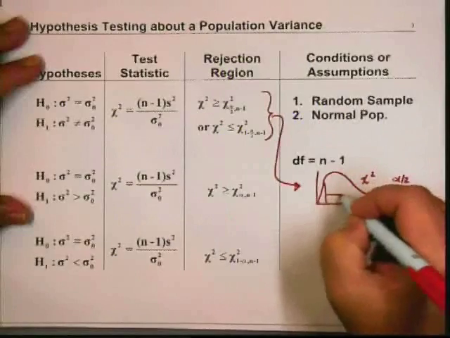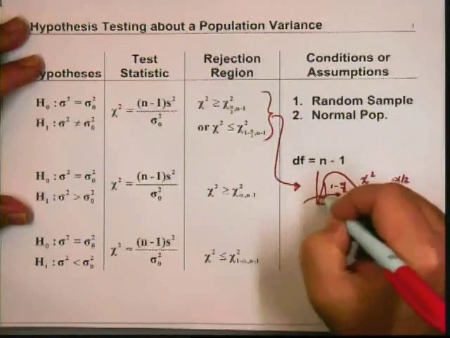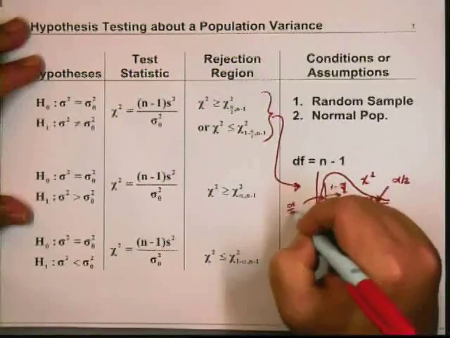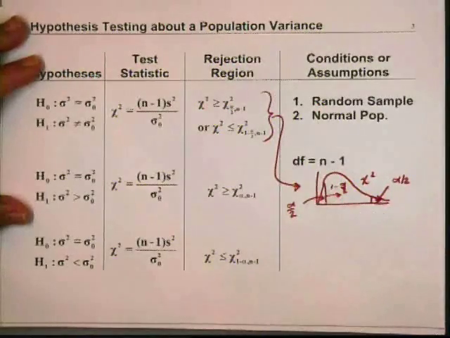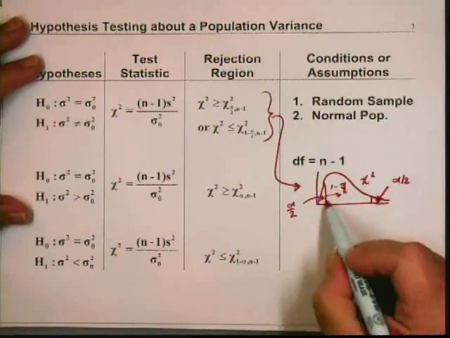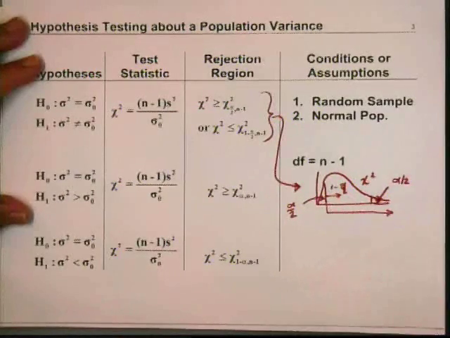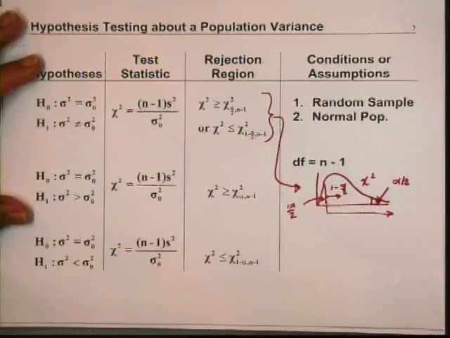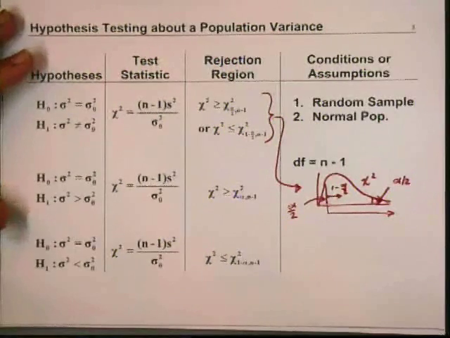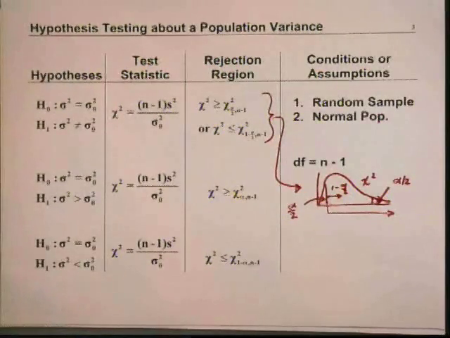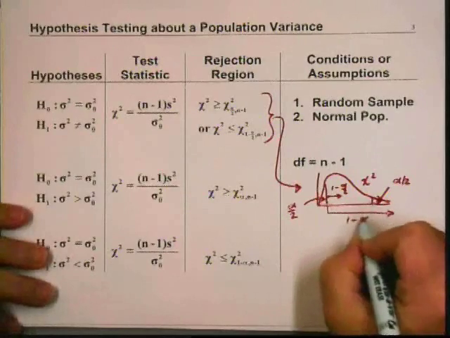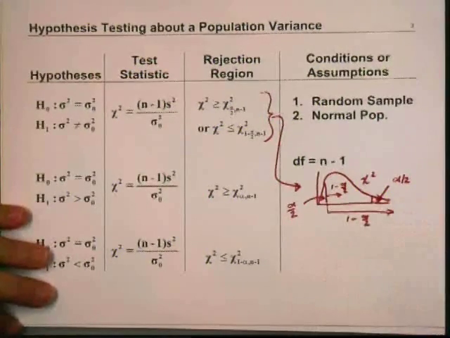So if the area to the right of this one is 1 minus alpha over 2, then this left area in here must be alpha over 2. Agreed? So this 1 minus alpha over 2 is not just from here to here, but from here all the way out to infinity.